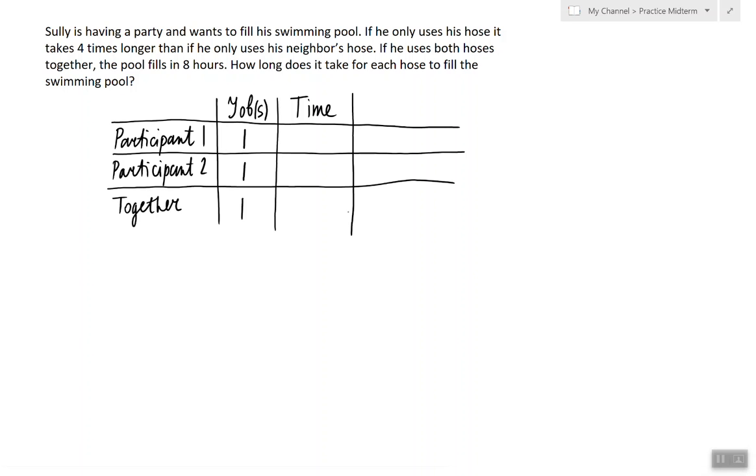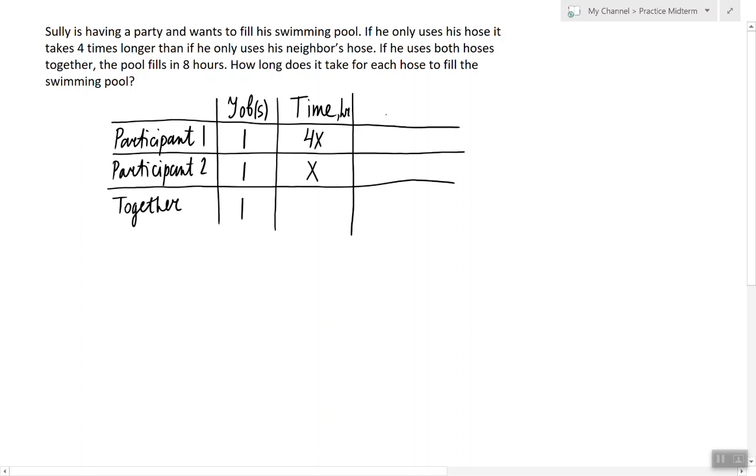Since we know participant 1's hose will take 4 times longer than participant 2, then it makes sense to call the second one x, then the first one will be 4x. So time here is measured in hours. We can put that over there.